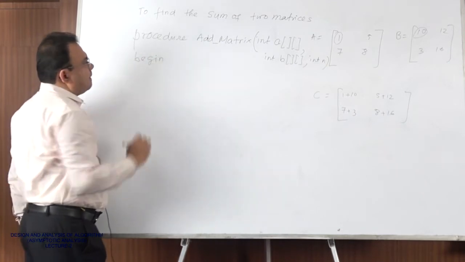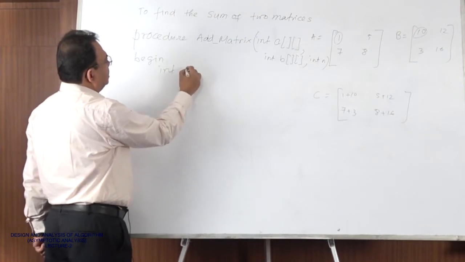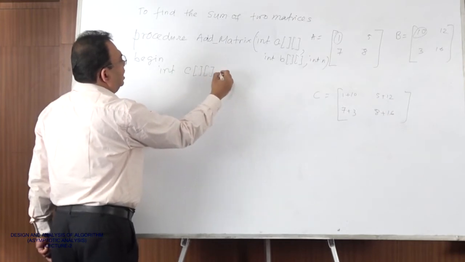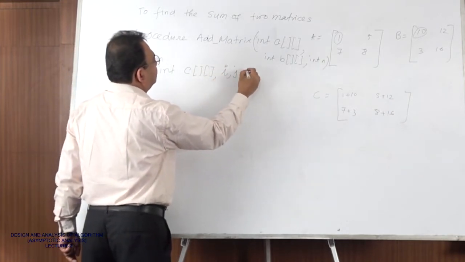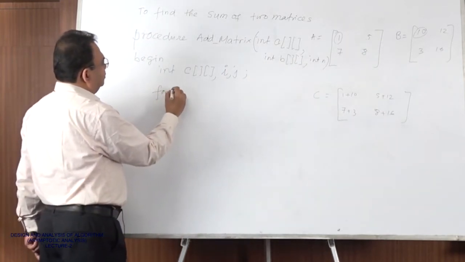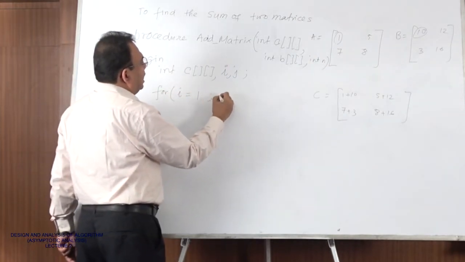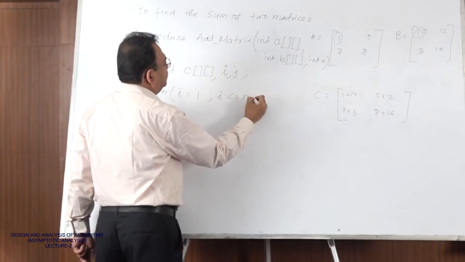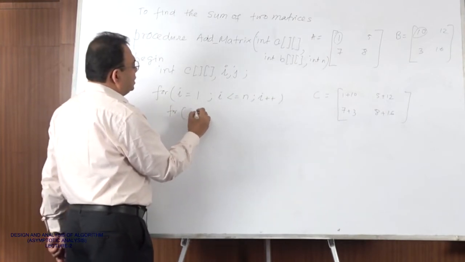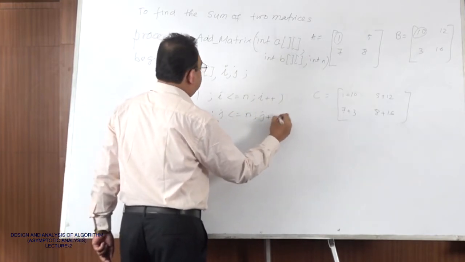Begin. We are declaring a local variable, int C, with the specified dimensions, and I am declaring i, j for accessing rows and columns. We set a loop like this: for i equal to 1, i less than or equal to n, i plus plus, for j equal to 1, j less than or equal to n, j plus plus.